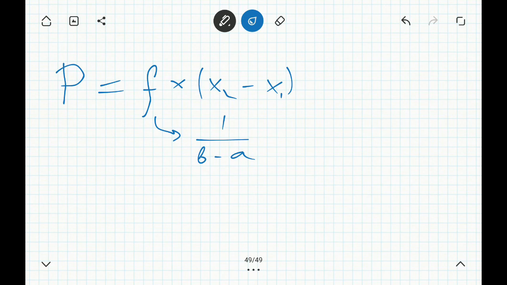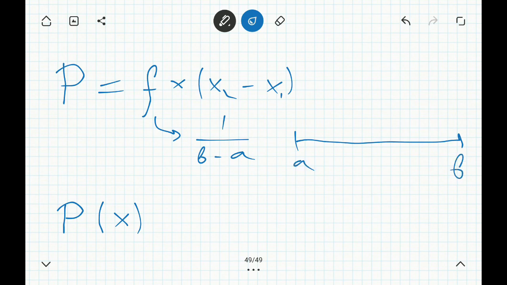But first, let me introduce a new probability. In the examples we have seen, we were taking arbitrary intervals inside our segment.